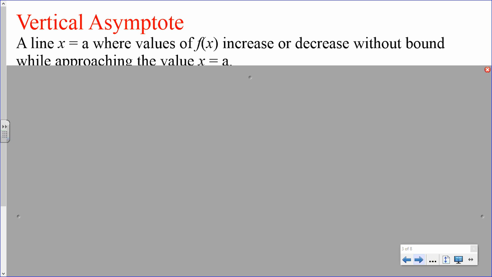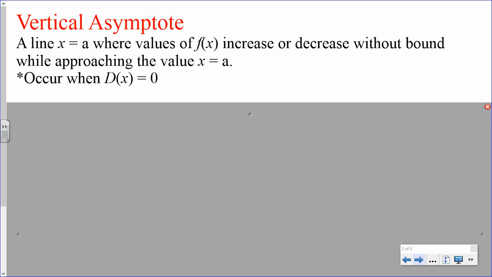So a vertical asymptote is a vertical line where values of our function increase or decrease without bound while approaching it. Okay, so I'll let you write it down and then I'll describe it with a picture. Okay, these occur when the denominator is 0.